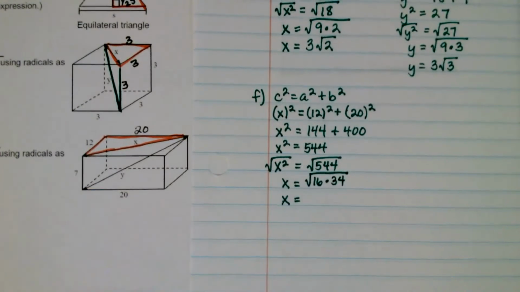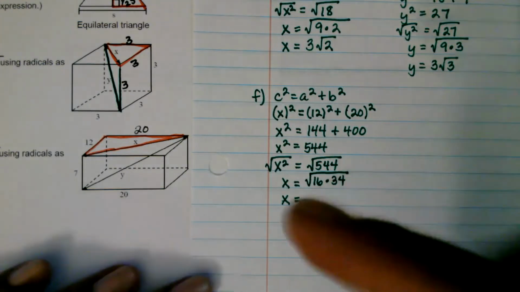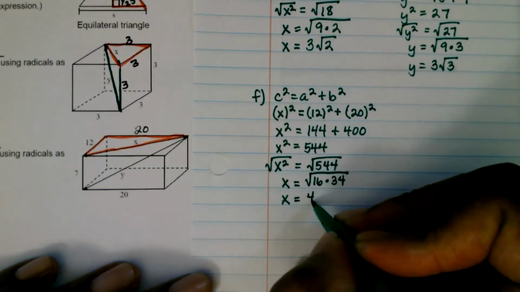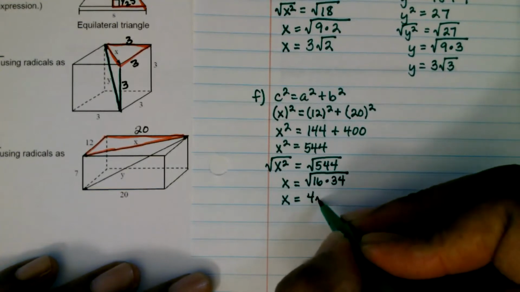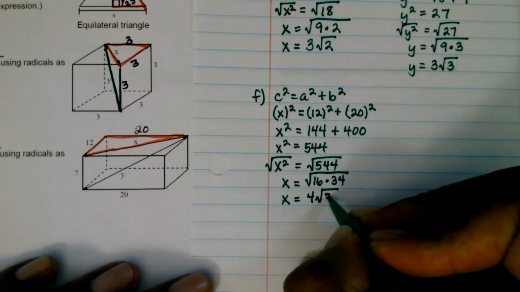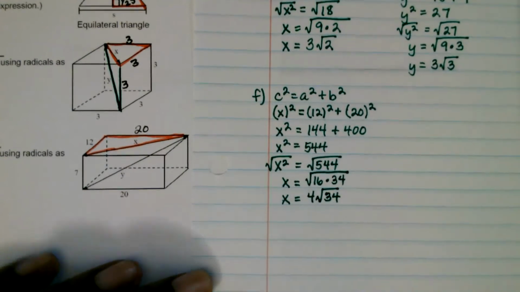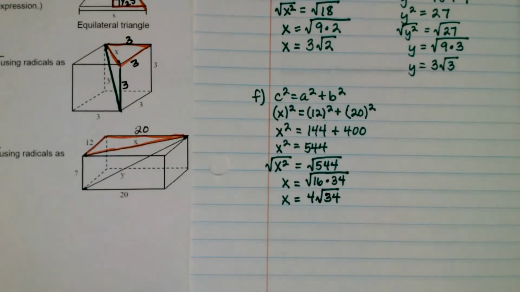So sometimes you've got to try something here and just play around with that table that I just showed you in this video under the n squared column. All right, the square root of 16 will be 4, and we can't take the square root of 34 to get a whole number, so it'll just have to remain as 4 square roots of 34.